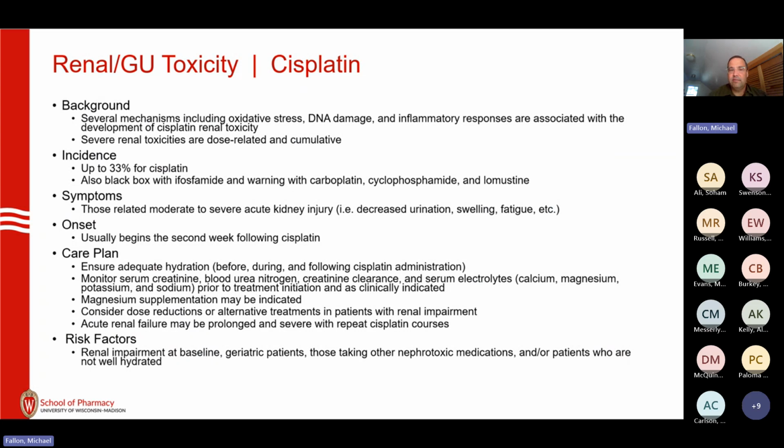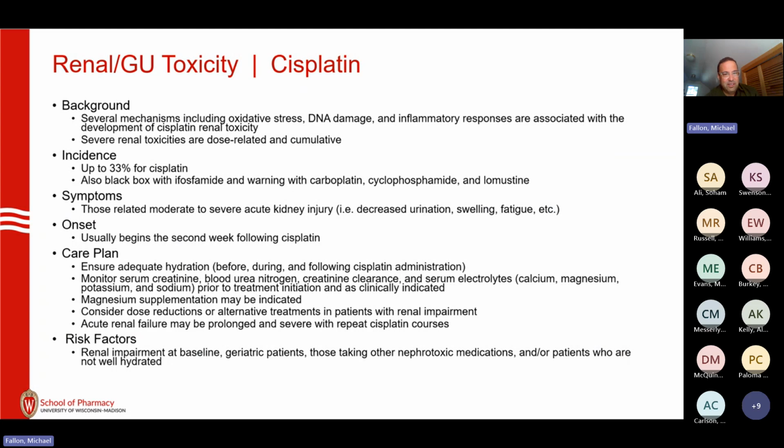The last adverse effect we'll talk about in alkylating agents is renal toxicity. So this can be challenging. There's a lot of different mechanisms. There are a lot of good papers on this, but it's hard to distill into one slide. But oxidative stress, DNA damage, inflammatory response, all lead to renal toxicity.